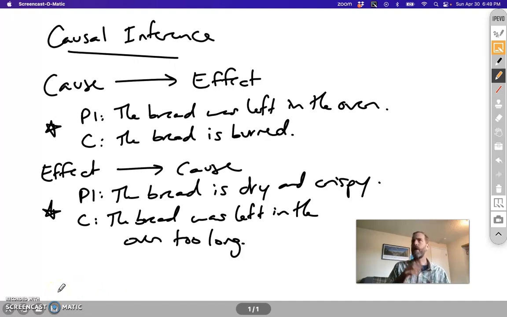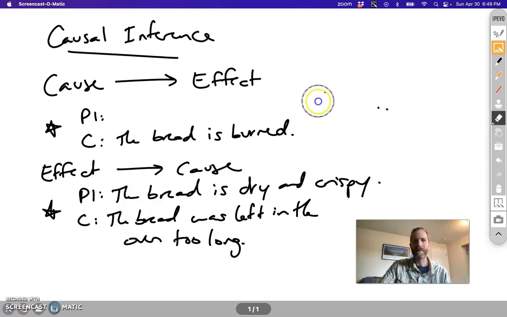But you can go wrong with causal arguments. There's a specific fallacy called a false cause fallacy, which essentially makes a bad inference regarding a cause and effect relationship. A good example of that, let's go from a cause to an effect.